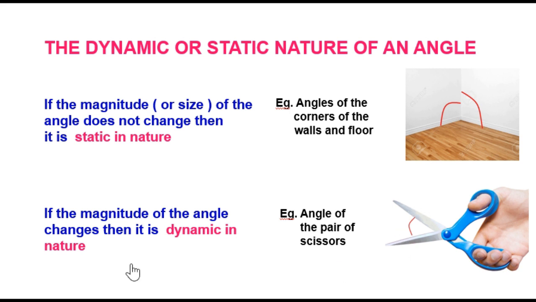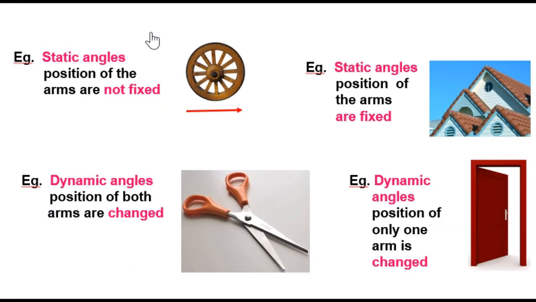Those angles are dynamic in nature. Here is another example, the cartwheel. These are static angles, but when the cartwheel is moving, the position of the angles is also changing.